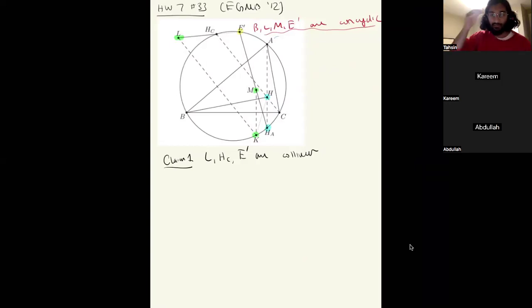Do you guys understand what we're trying to show now, right? There'll be two steps to the solution. First is to show that these are collinear, and then to show that B, L, M, and E prime are concyclic.